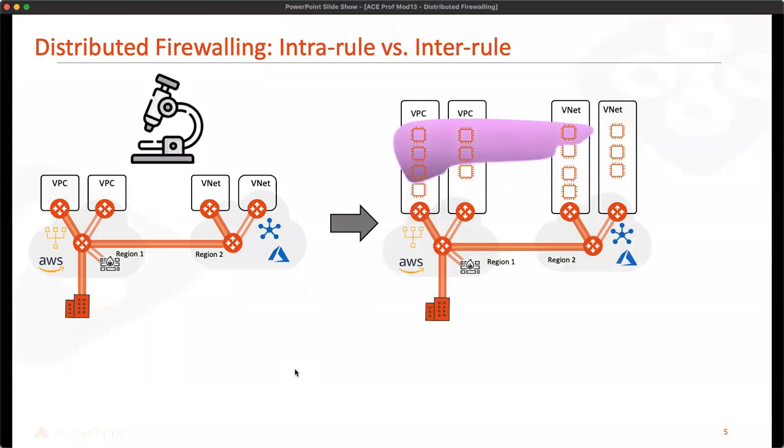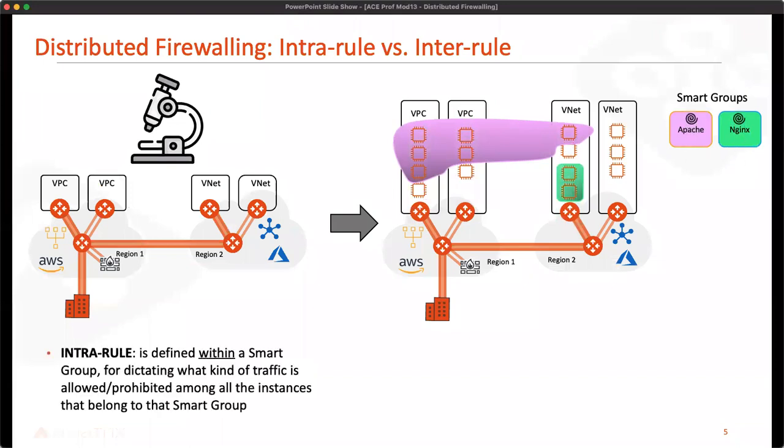What we're doing here is just explaining a simple concept, which is about intra-rule or inter-rule. For example, here we define two groups. One of them is Apache, one of them is Nginx, and you can notice that these groups span multiple VPCs and VNets. An intra-rule dictates what traffic is allowed between the instances that belong to that group.